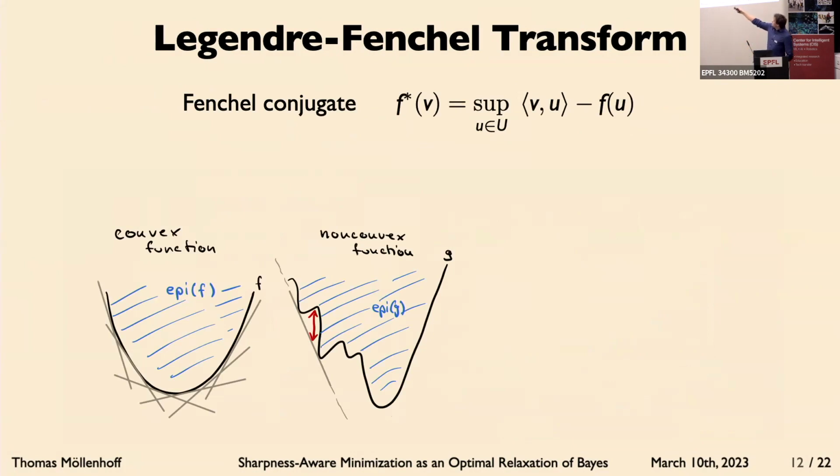For non-convex functions, this is not possible because these linear supporting hyperplanes cannot go inside the dent in the function. So this Legendre-Fenchel transform tells you how much you can push your linear function up until you hit the graph of your function.